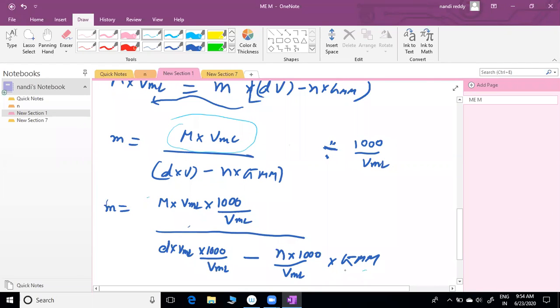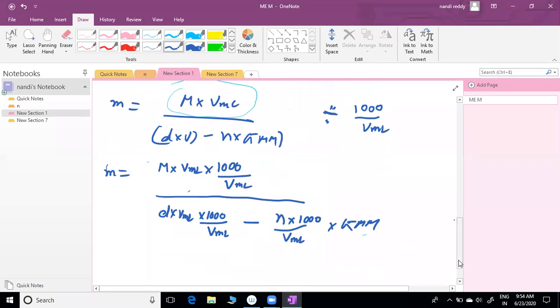Now what are we getting finally, sir? Please let me know. V mL will be cancelled. Any doubt here? Here also V mL is cancelled. Then N into 1000 by V mL, what we call this is molarity.